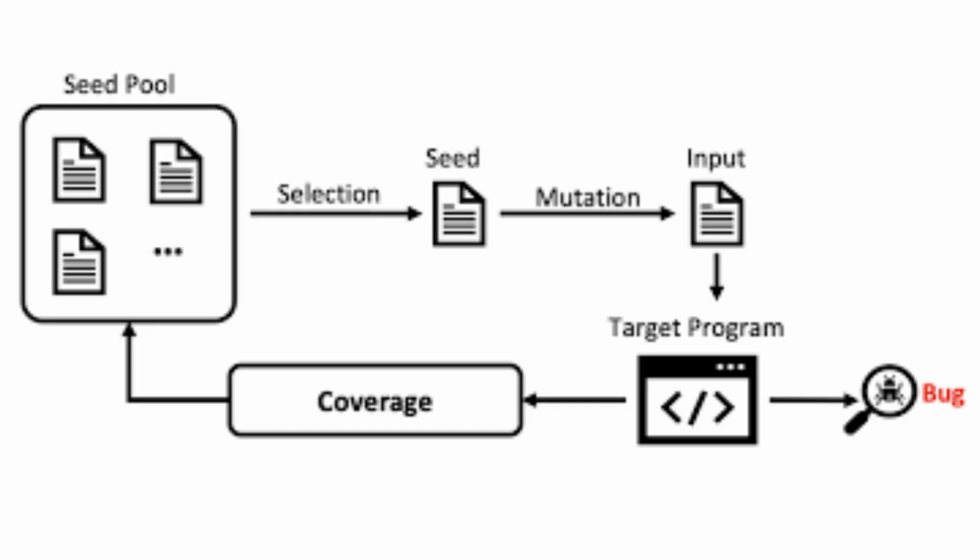Two seeds may look different syntactically, but execute nearly identical code paths internally. Because traditional schedulers treat them independently, fuzzers often spend excessive time exploring redundant behaviors. This limitation prevents efficient expansion into unexplored regions of the program. If the fuzzer gets caught up in a loop, it will not advance until it gets through this loop.